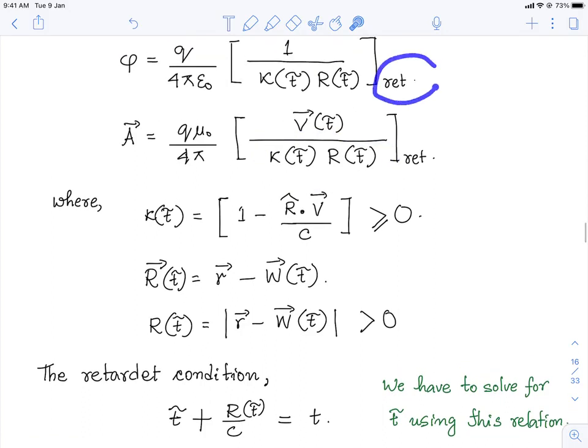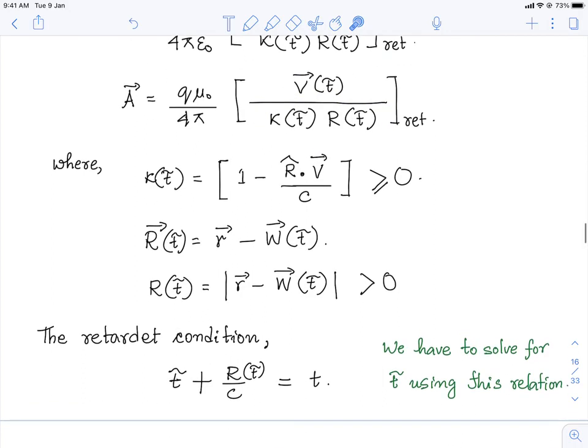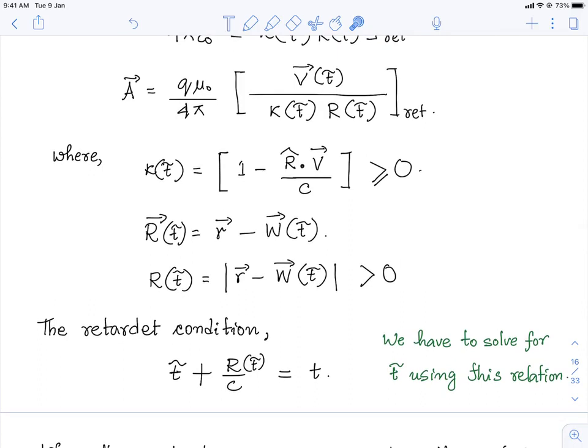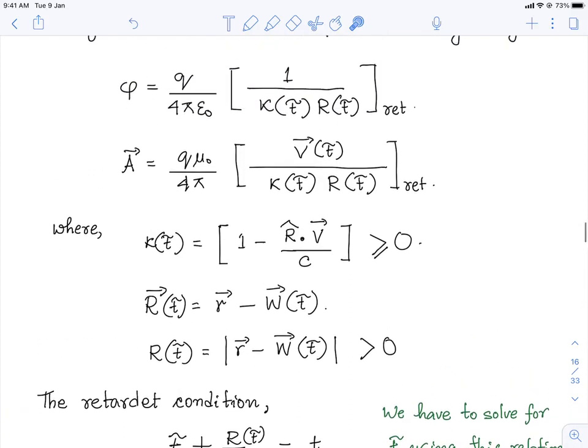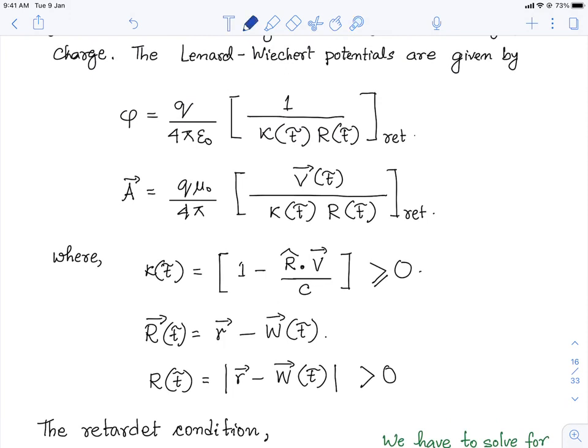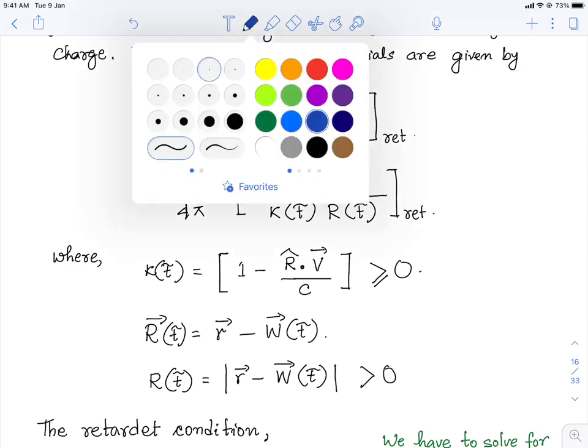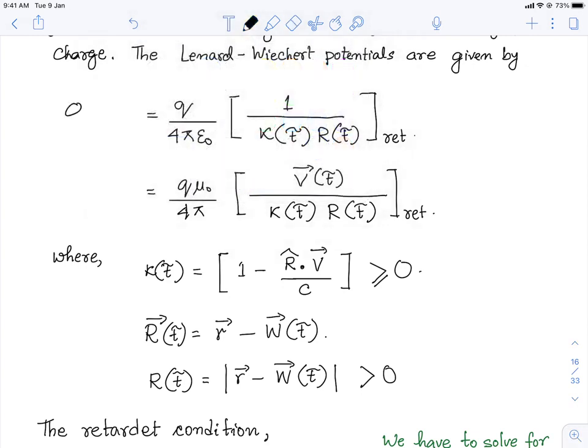And apart from this, we have to use the retarded condition. So just to remind you what the retarded condition was, I will write it out once for you again. These are functions of x, y, z, and t, and this is a vector x, y, z, and t.